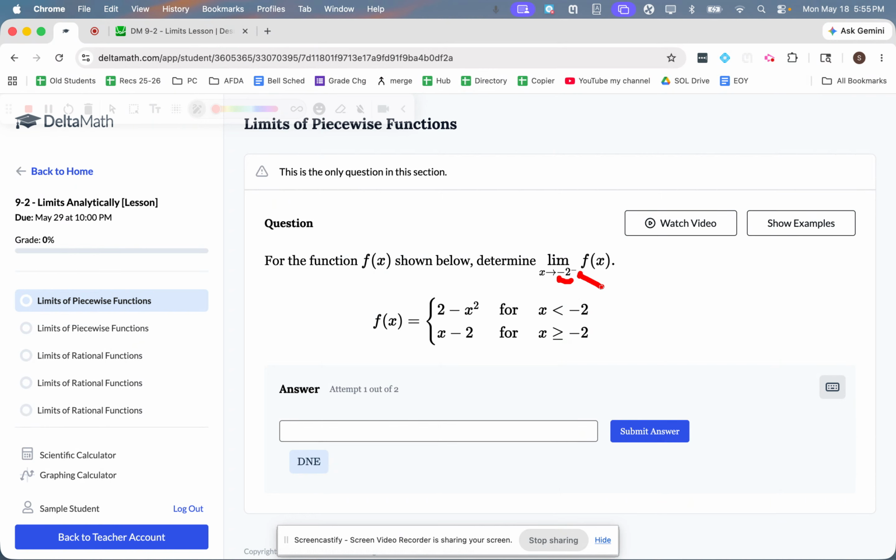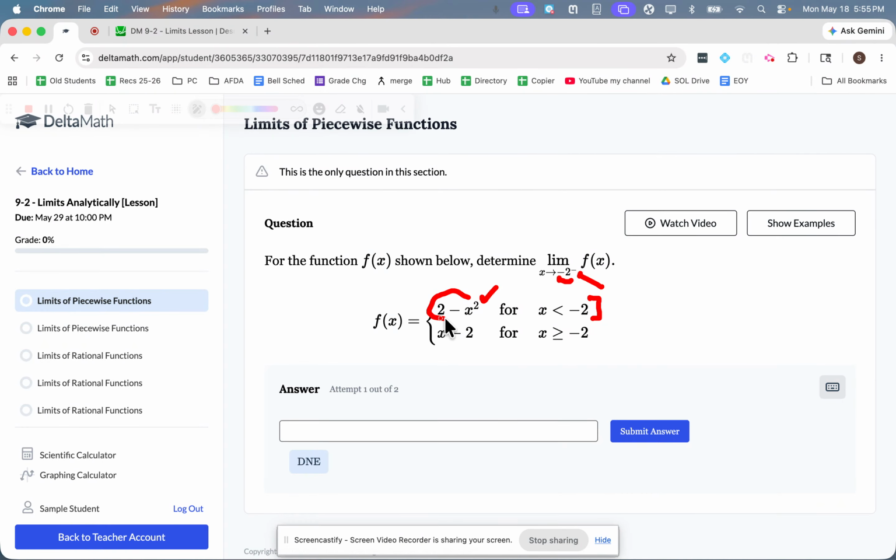And notice how in this piecewise function you have one piece that you're only supposed to draw for the x's that are less than -2, to the left of -2, right?